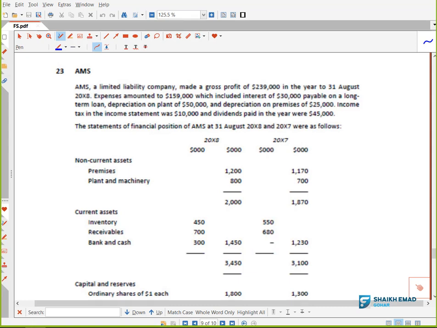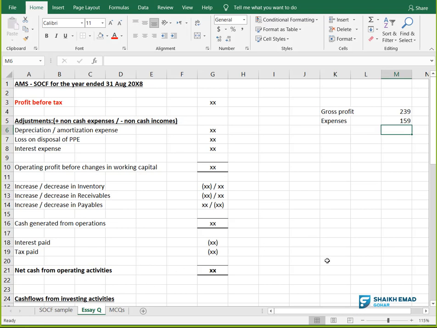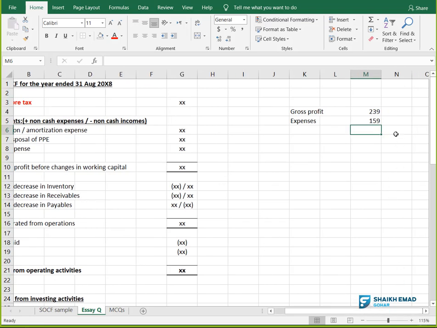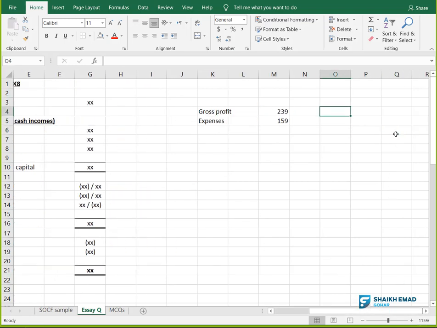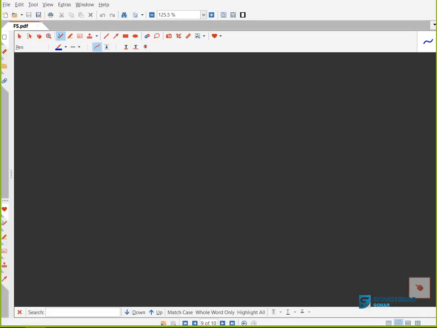So 30, 50, 25. So in this 159 we have interest and depreciation of some plant, and depreciation of some premises.